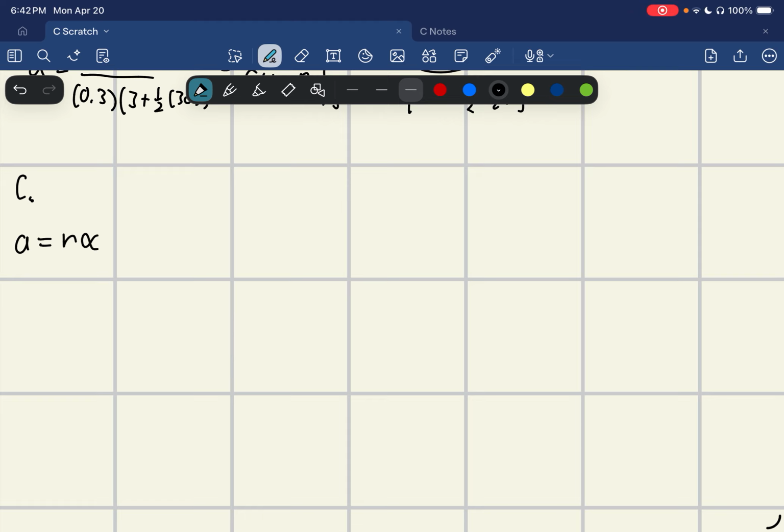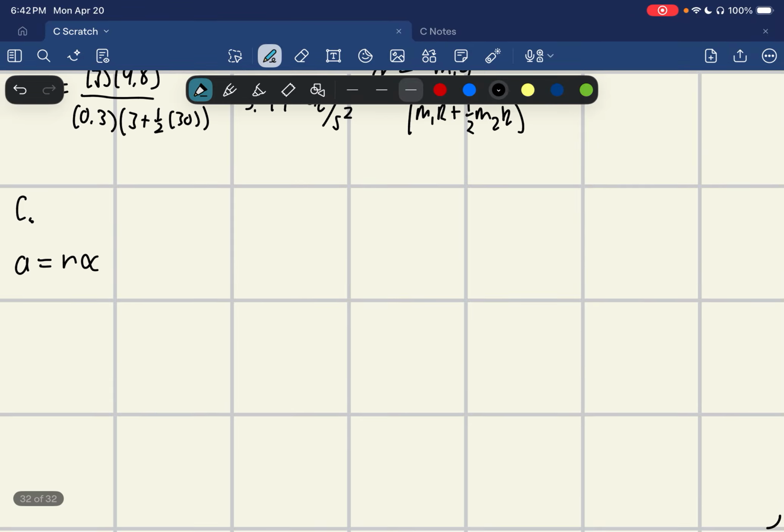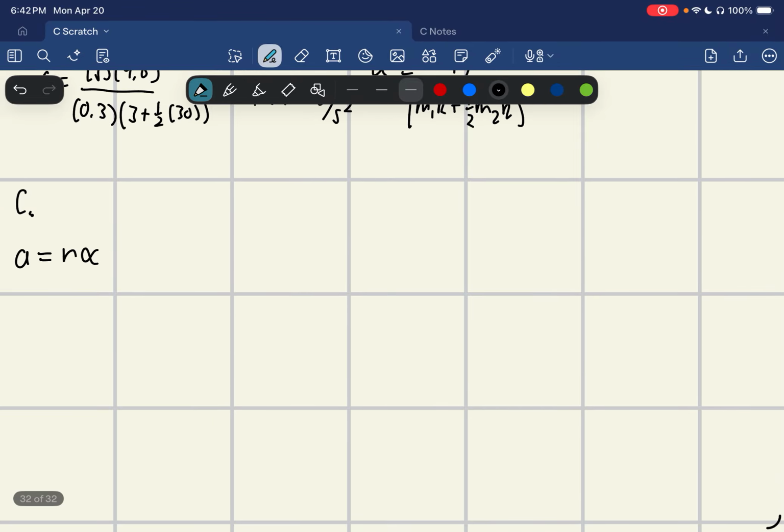So then we can just solve for A by multiplying R and alpha, because we found alpha in part B. And we know our R is 0.3. So A is equal to 0.3 times 5.44. So linear acceleration is equal to 1.633 meters per second squared.